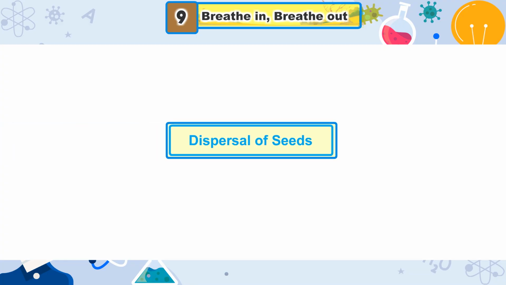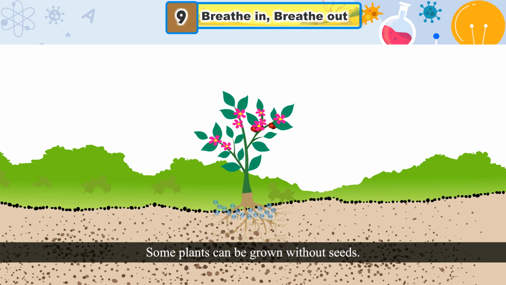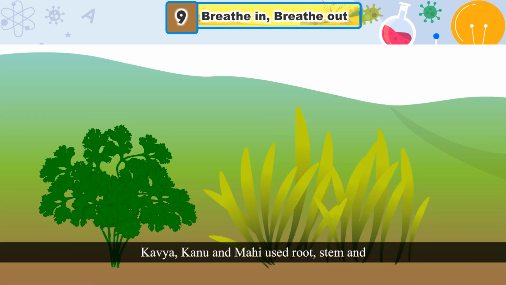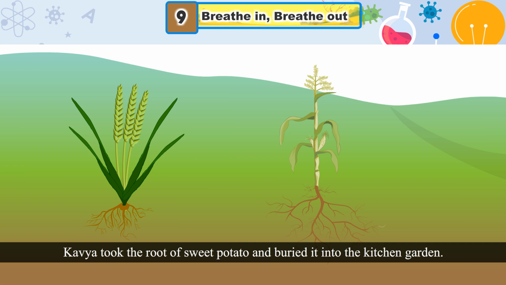Growing without seeds. Some plants can be grown without seeds. They reproduce through different parts such as root, stem, or leaf. This type of reproduction is called vegetative reproduction. Kavya, Kanu, and Mahi used root, stem, and leaf respectively to grow new plants.